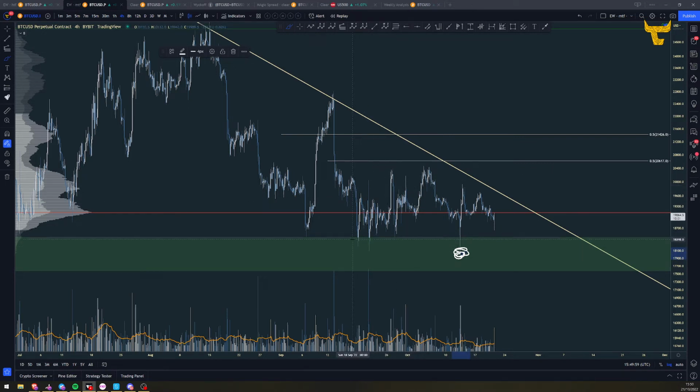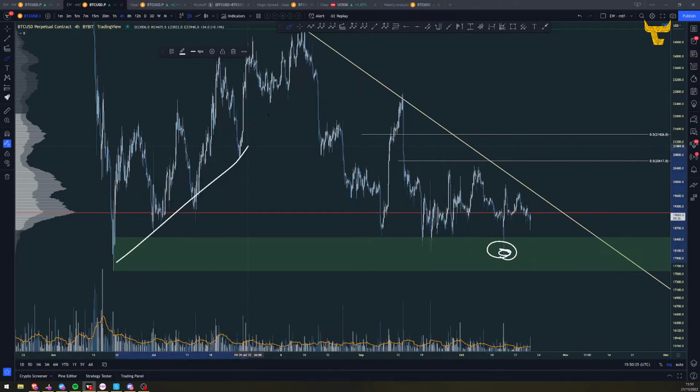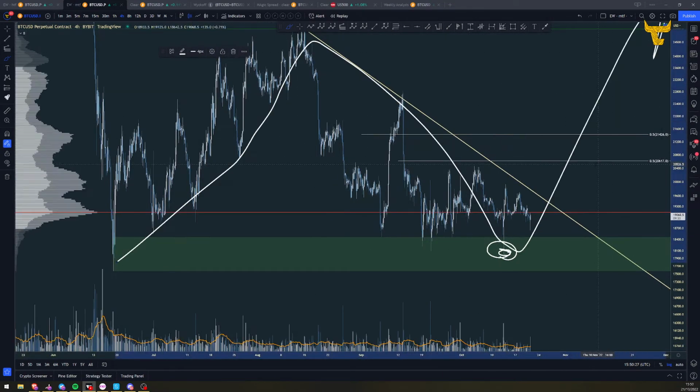Again, it can be part of, for example, an A, B, and C that will go above the highs here. That is a possibility. But I don't see any count that would suggest this is a low, and now we have our low and we are going into a new trend.